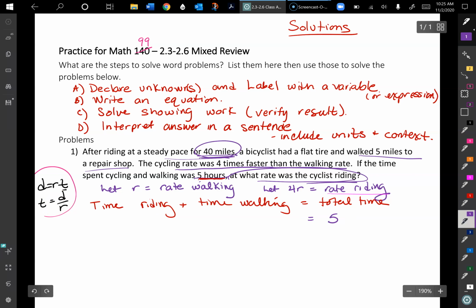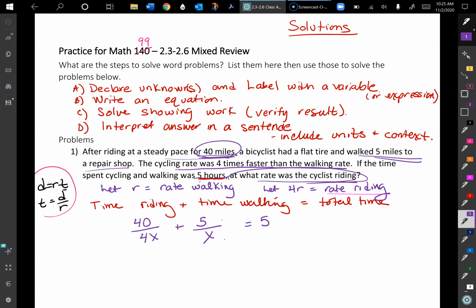So time riding would be the distance riding, which is 40, over the rate riding, which was 4x, plus time walking, which was 5 miles, the distance, over x, my rate. So remember, distance over rate. It just so happens that the number of hours is also 5. So keep track in your head what the units are. You could write them down.